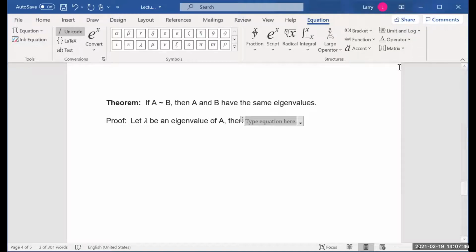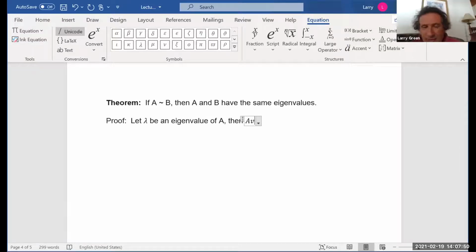A V equals lambda V. This is one of those proofs where you just do what you think you should do and it's going to work. Any questions so far?